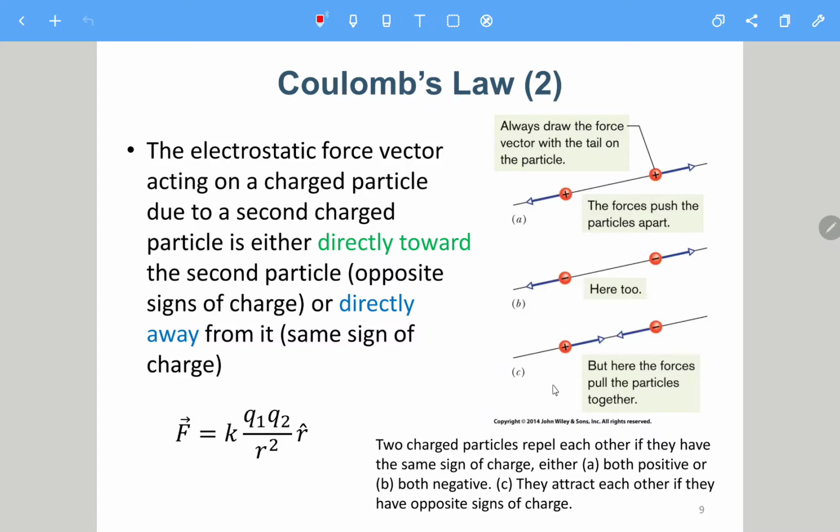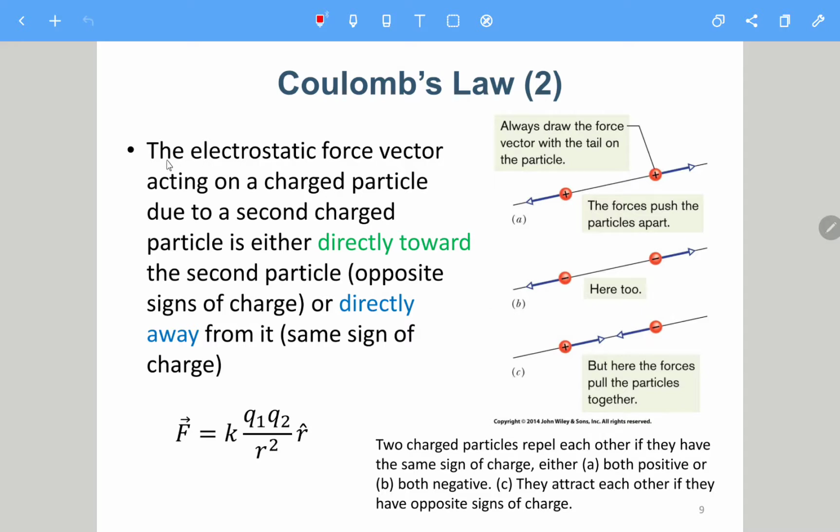The punchline of this equation is that it also considers the polarity of q1 and q2. So we have altogether 3 cases. Actually, you may say there are 4 cases, but if it is positive, negative or negative, positive, they are actually the same. So we don't really separate these two. We just merge them into 1.